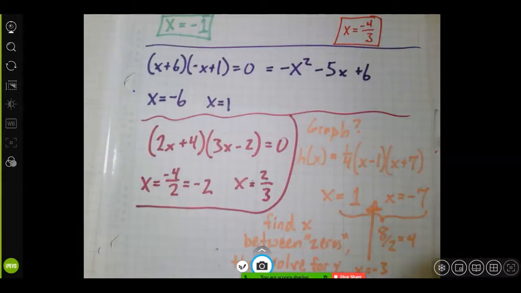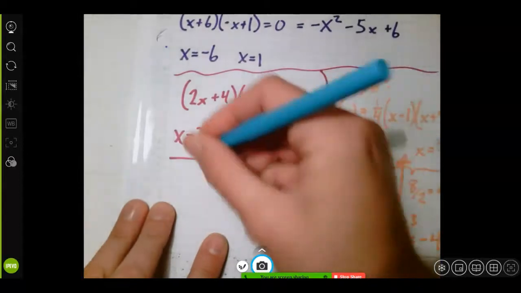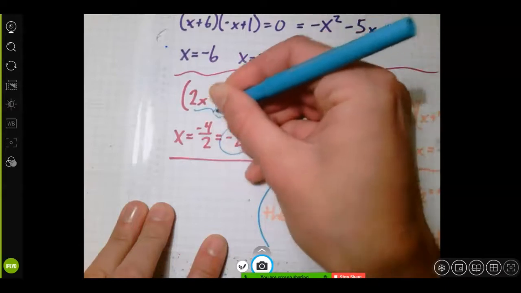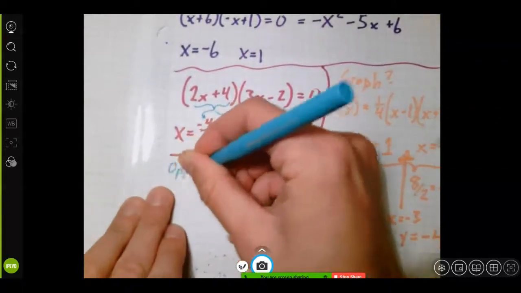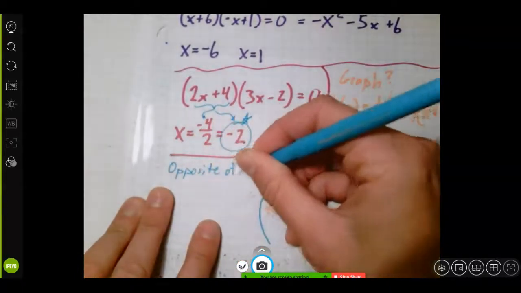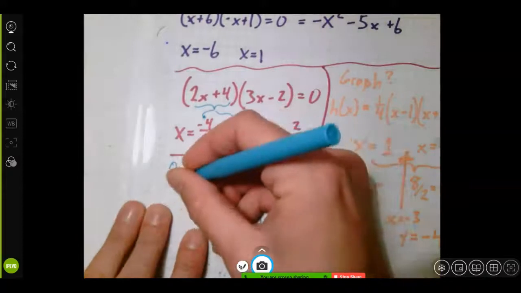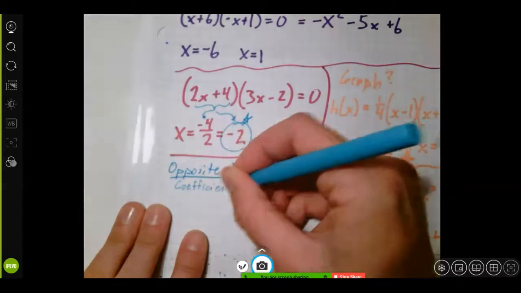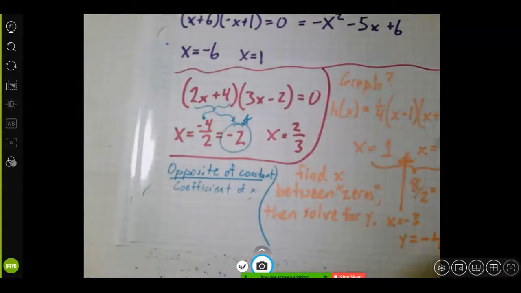Yeah, so if you need to make that note, and I'm going to write in a thinner pen right now, what we were doing there to go from this to here, simplified, was the opposite of the constant divided by the coefficient of x, or of whatever we're using, but it's almost always x. So we said opposite of the constant divided by the coefficient.